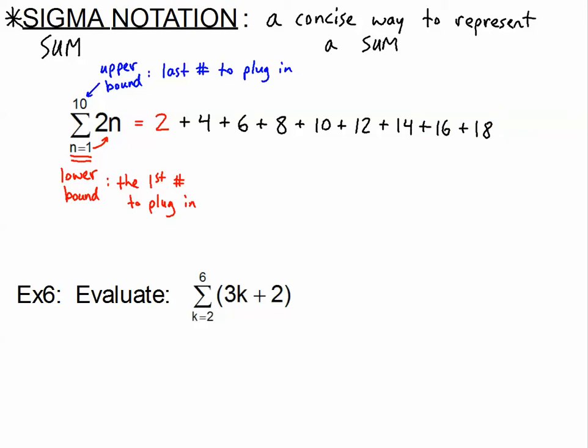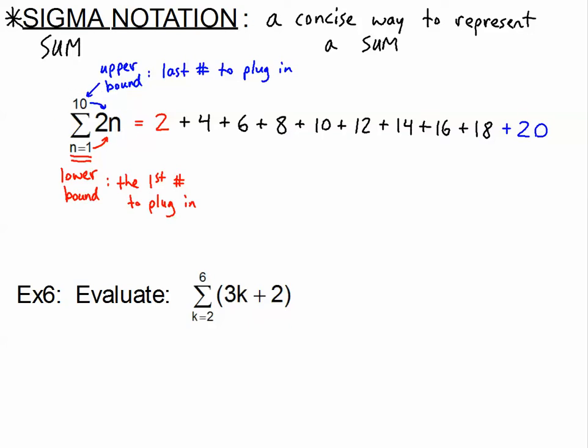And finally, when we get to our upper bound, we plug in the 10 last, and that gives us our last number of 20. So instead of writing all of these numbers every single time, all 10 terms, we can write that sum using a very concise method called sigma notation.